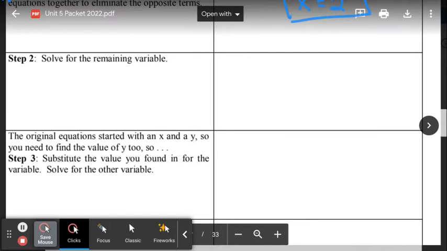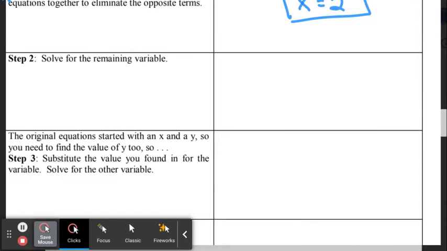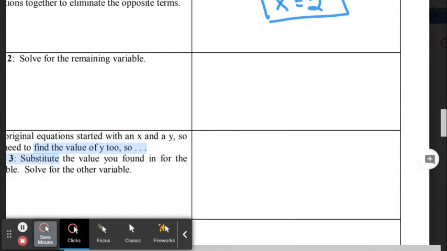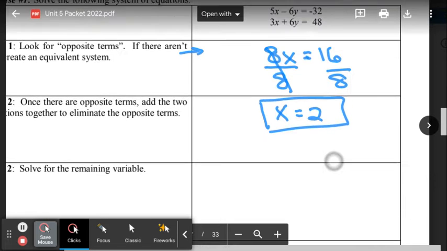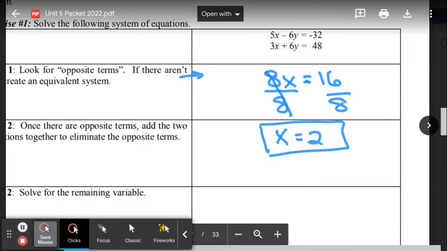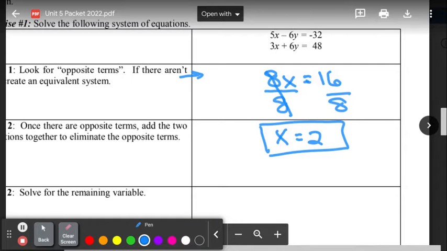Step 3, the original equation started with an x and a y, so you need to find the y. Substitute the value you found to find the other letter. So we got a 2. I'm going to choose the second equation here, only because there's no minuses or negatives. So I'm going to rewrite my equation. 3x plus 6y equals 48.